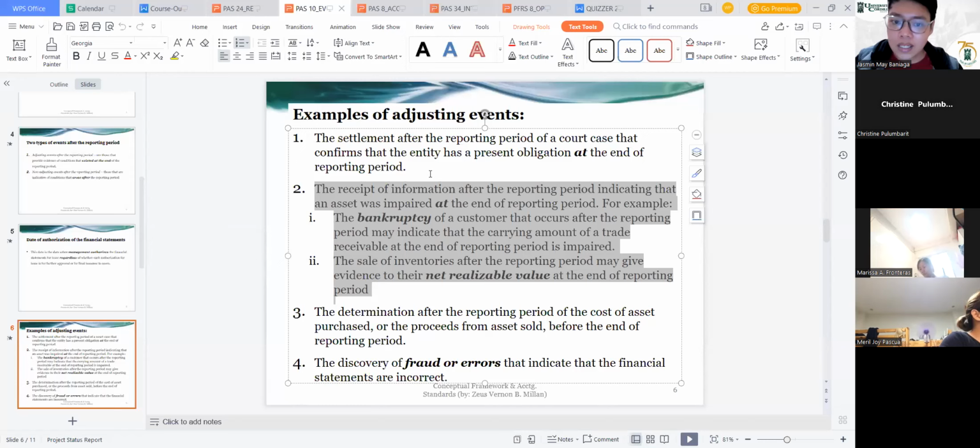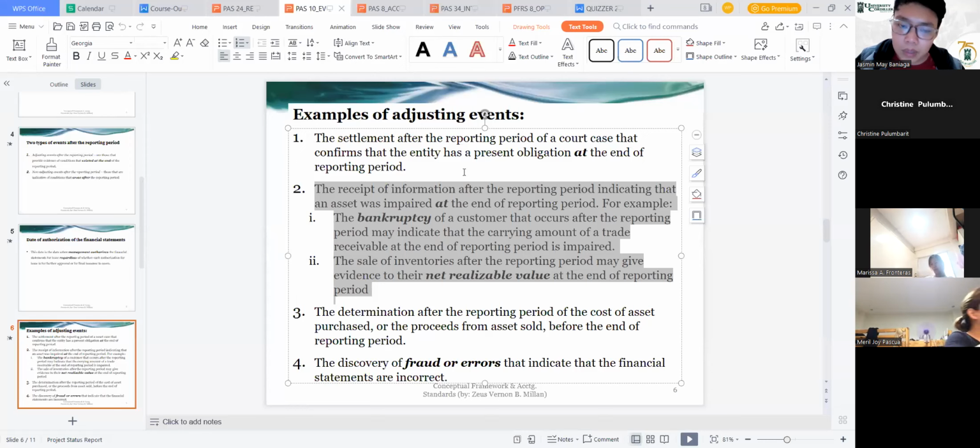But as you can see, it's an adjusting event because there's a clear proof or reason that we're not gonna collect the receivable anymore. So yeah, just in case of bankruptcy of the customer and we have accounts receivable and it happened after the current reporting period, but before the date of issuance of the financial statements, as you can see, it's an adjusting event.